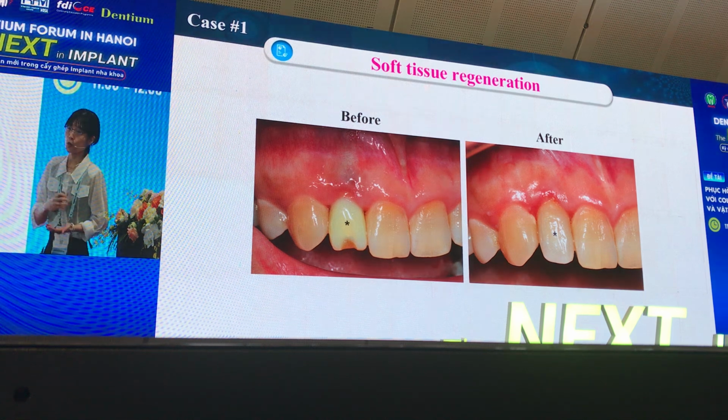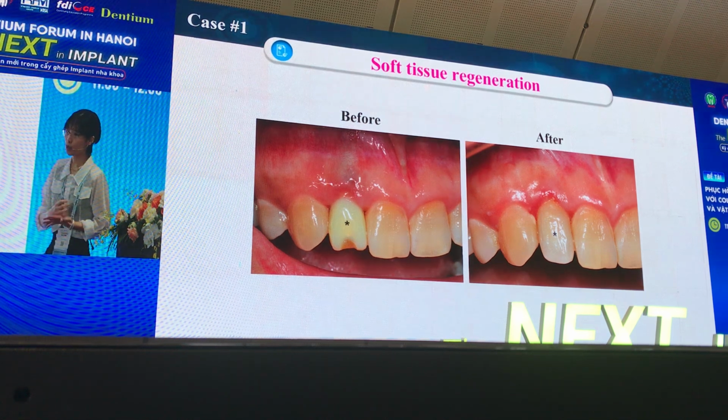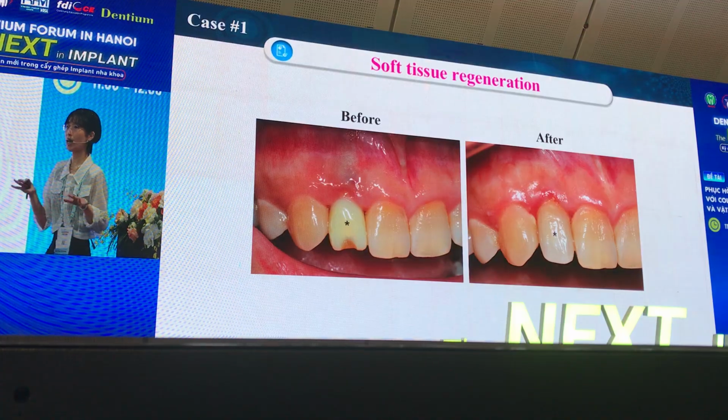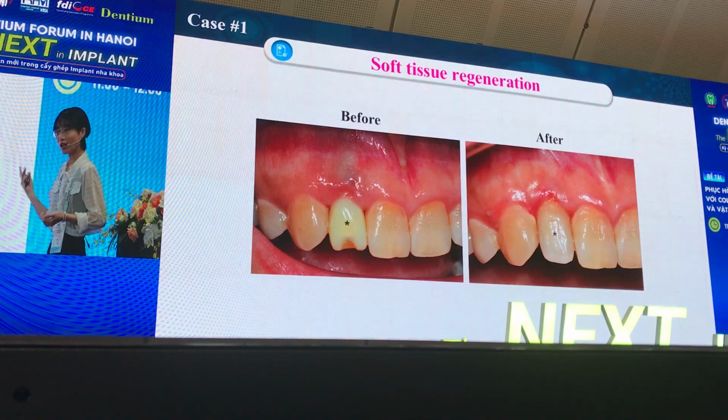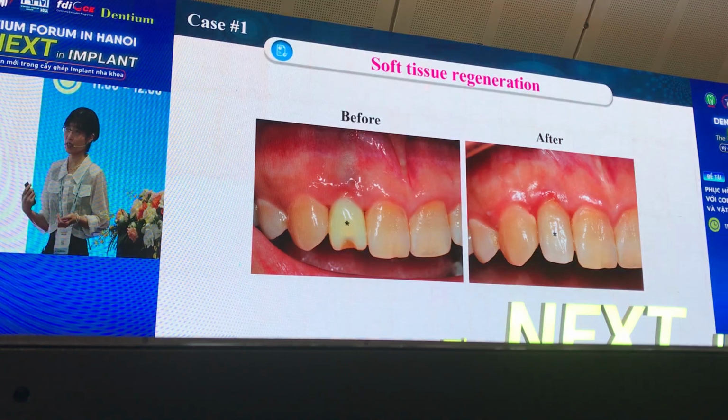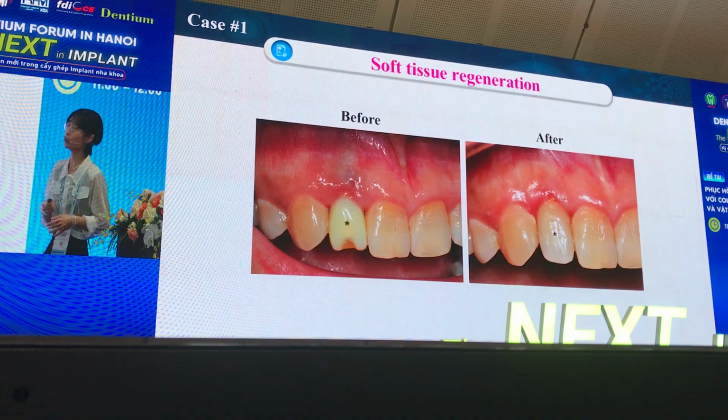So we can do soft tissue augmentation without bone graft material in the case of buccal dehiscence. With what? With the collagen matrix, especially Collagen Graft 2.